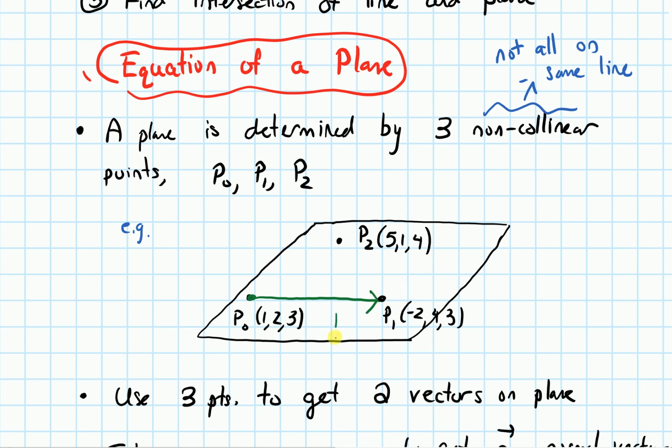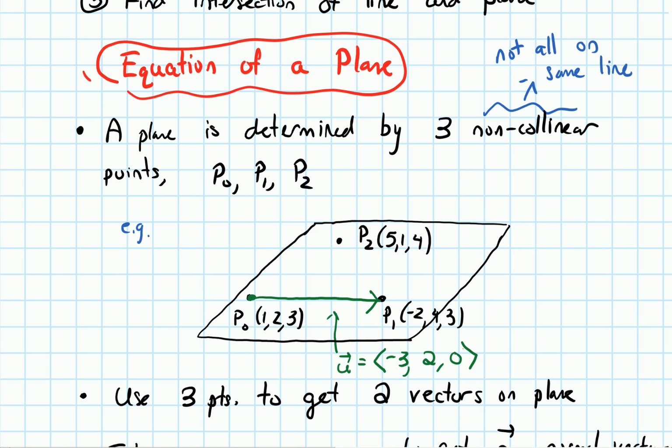Let's call this vector U. Its components are -2 minus 1 for the first component, so that's -3, 4 minus 2 for the j component, and 3 minus 3, which is 0, for the k component. So that vector is (-3, 2, 0).